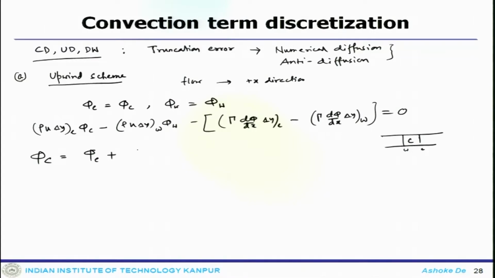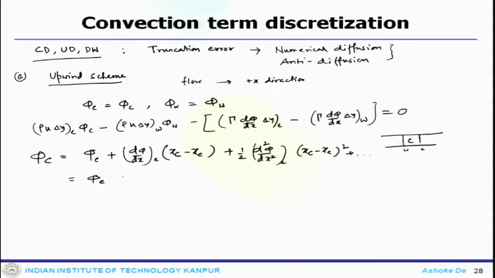So, phi e plus d phi by dx at e, x c minus x c, plus half d 2 phi by dx 2, which is x c minus x c square and so on. What is there is phi e minus d phi by dx e, x c minus x c plus so on.